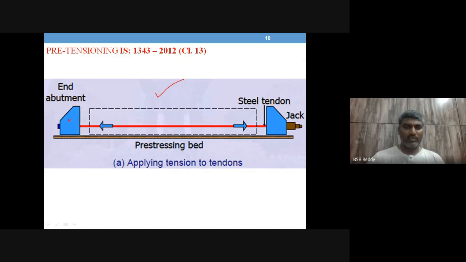Pre-tensioning needs abutments, a pre-stressing bed, a jack, and a mold for preparing the concrete. These are all the required things for pre-tensioning.